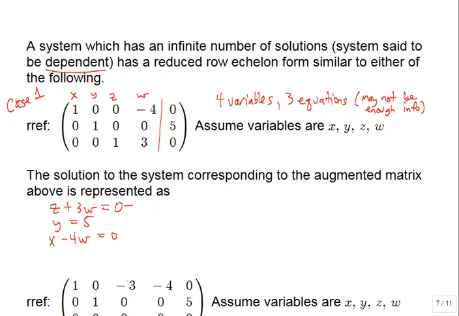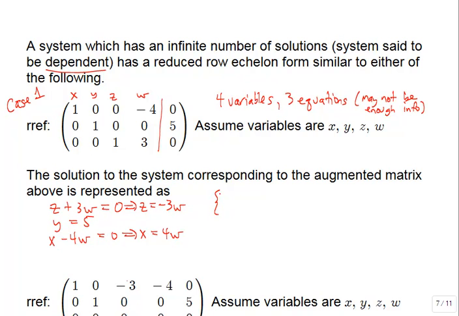Now what I like to do is solve these two in terms of Z and X. So for this one I'm going to solve for Z by subtracting that 3W over to the other side, and on the top one I'm going to solve for X by adding that 4W to the other side. And this is how we're going to write our answer.